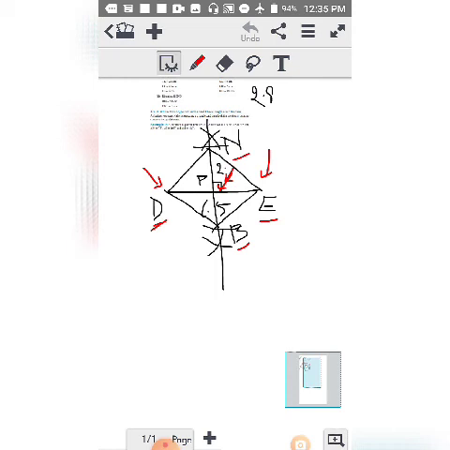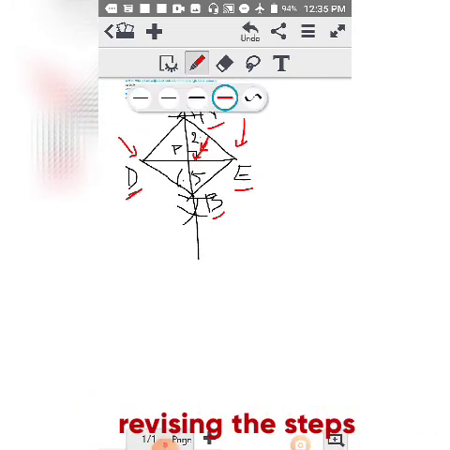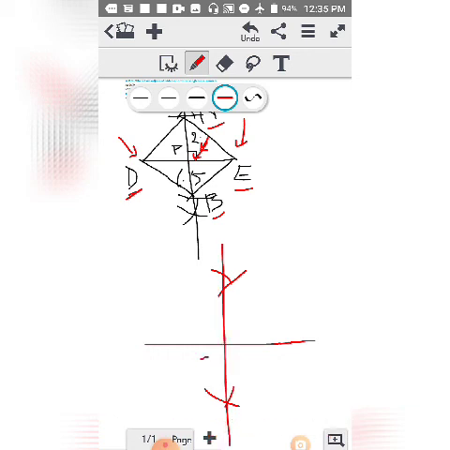If we see, the figure comes like this. So I am repeating the steps quickly. You will draw a line, draw the perpendicular bisector, draw this line. This length is 6.5. You will keep the compass at this point D, this point E. You will call this point P. After that you will put the compass at P, cut one arc here, put the compass here and cut another arc, and then join it.